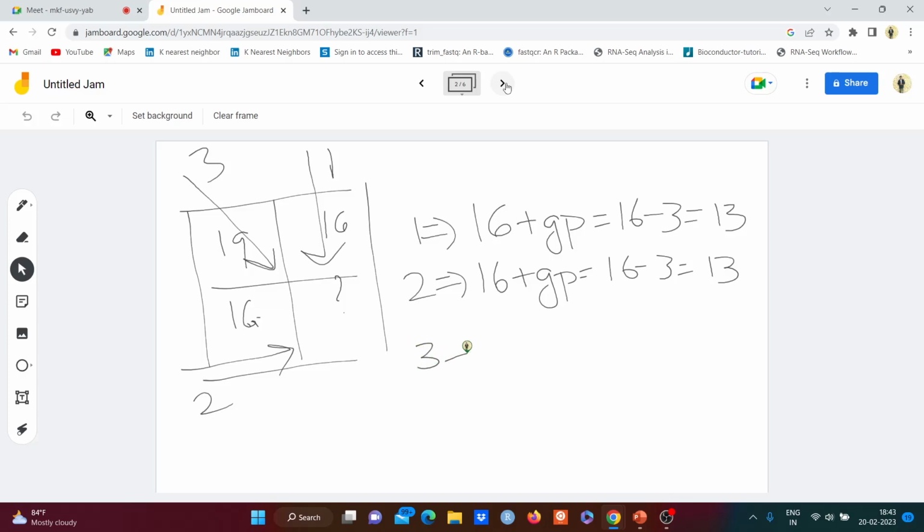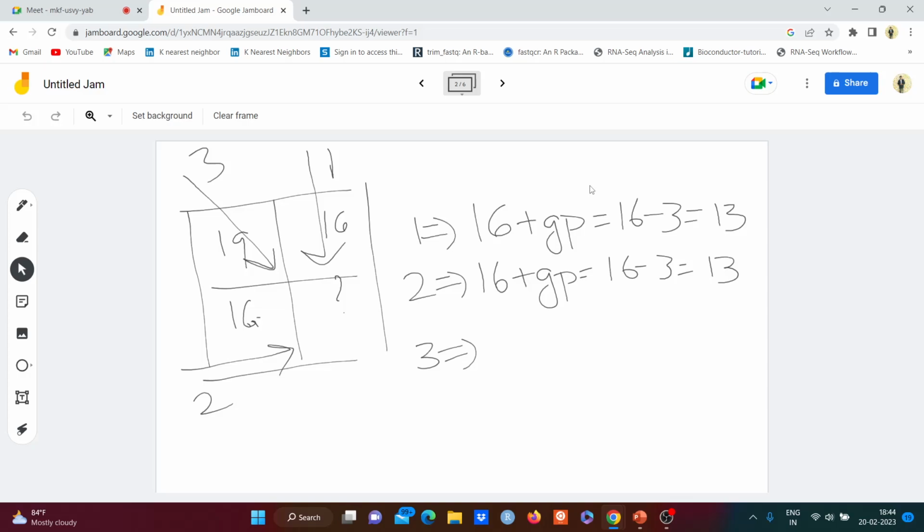Next, in the third case, before moving on, we should see whether it's a match or a mismatch. So the condition here shows it is a match.